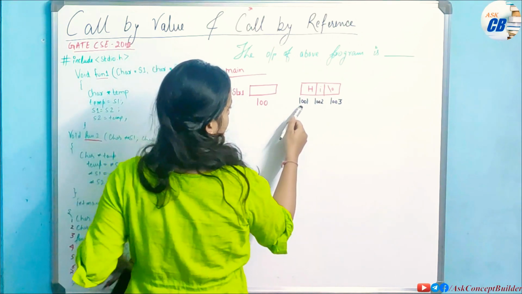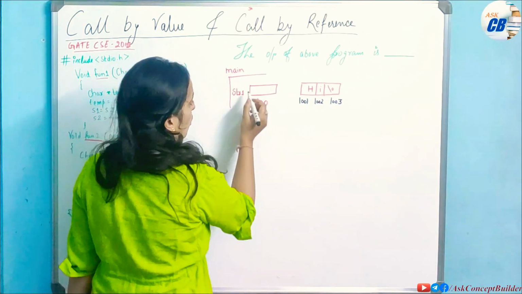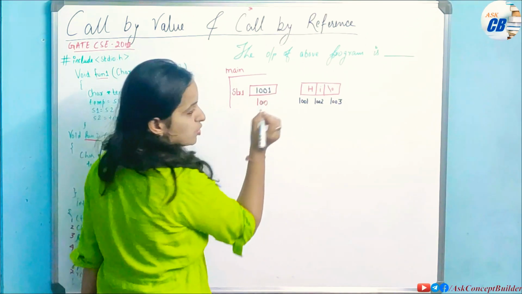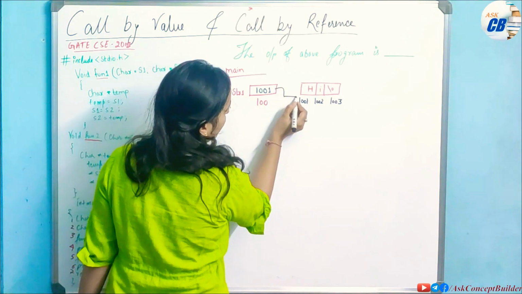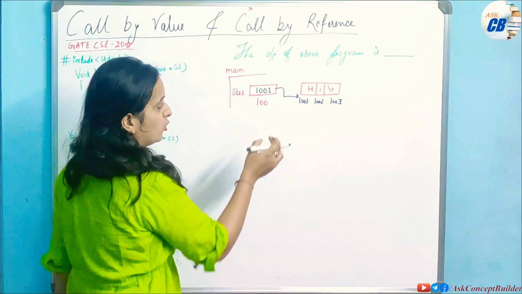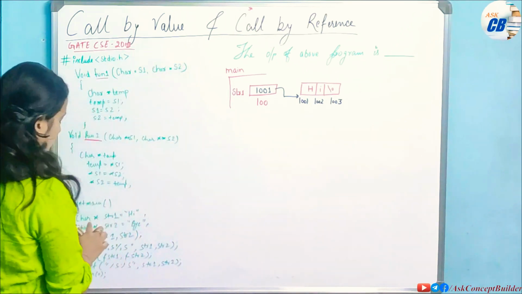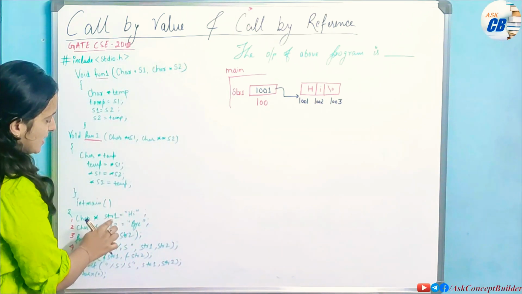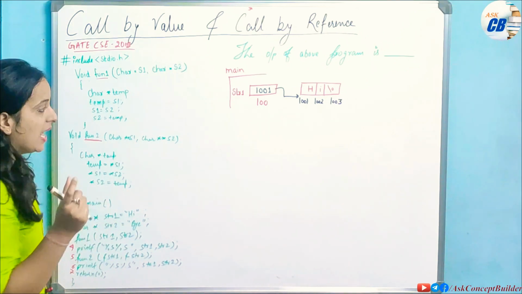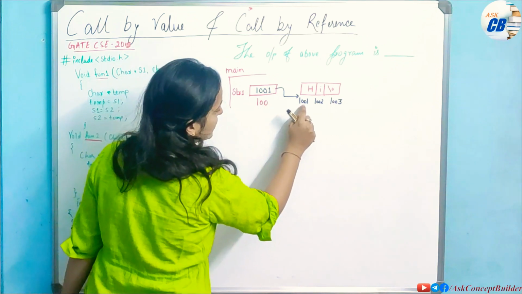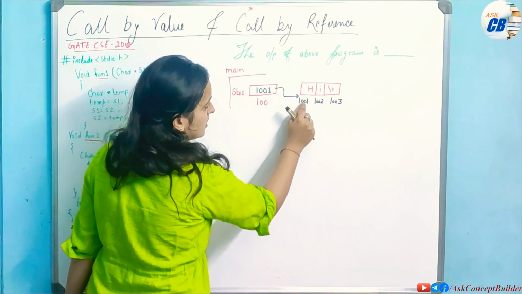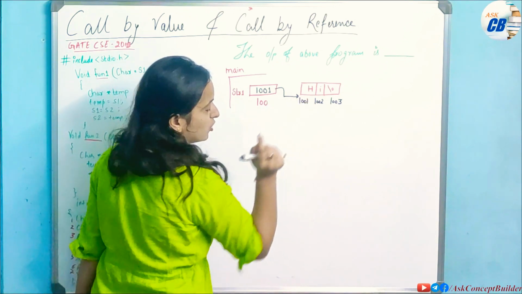Let us suppose this address is 1001. What is str1 doing? str1 is storing this address 1001, which means it is pointing to this character. So str1 equals to "hi" means str1 is a character pointer, it stores an address, and now it is storing the address of the first element of the string.